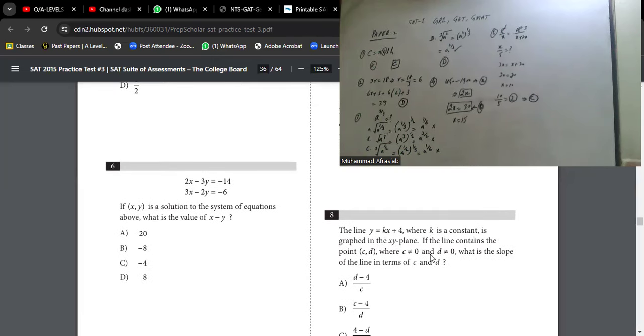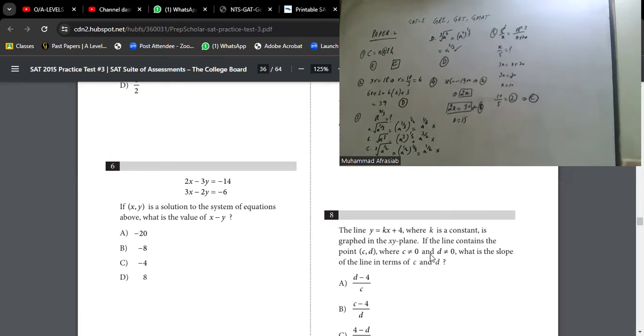Question number 6 now. 2x minus 3y is equal to minus 14, and 3x minus 2y is equal to minus 6. If x, y is the solution to this system of the equations above, what is the value of x minus y? So these are two simultaneous equations, and we have to get the value of x minus y there.